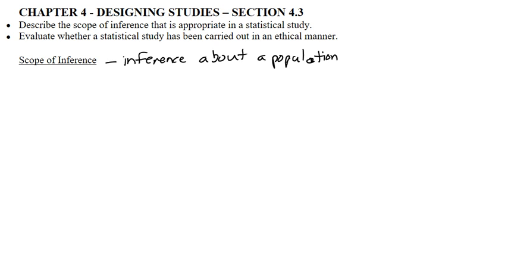When you take information from a small group, a sample, and then infer it to be true about the entire population. The second type is inference about cause and effect. Okay, does one thing cause another?